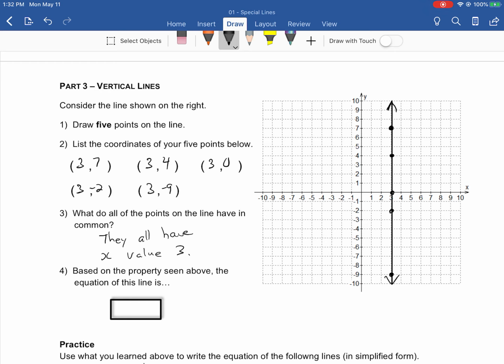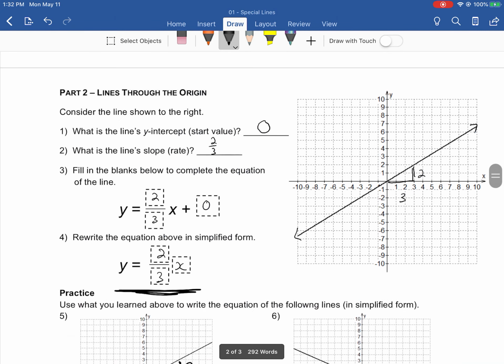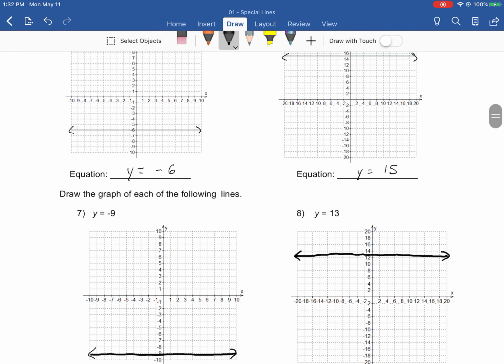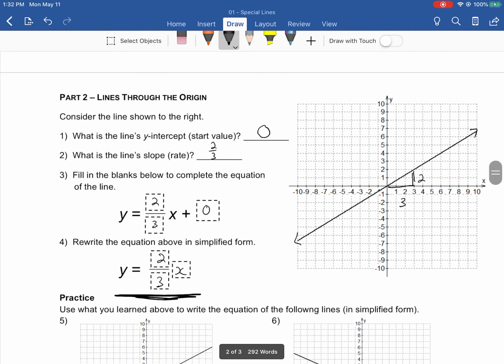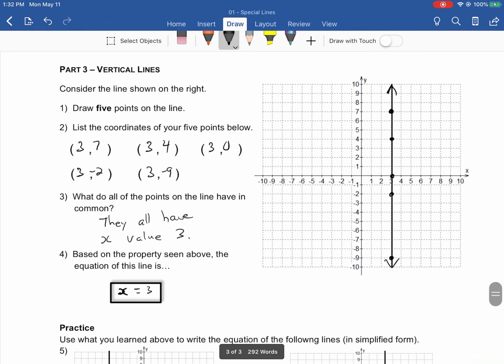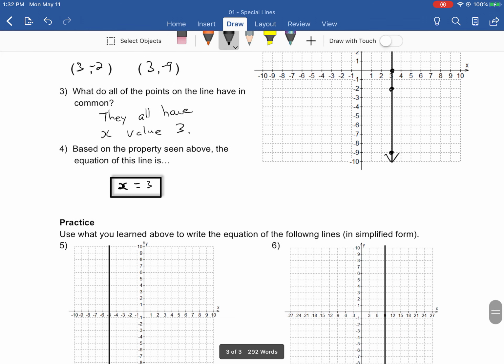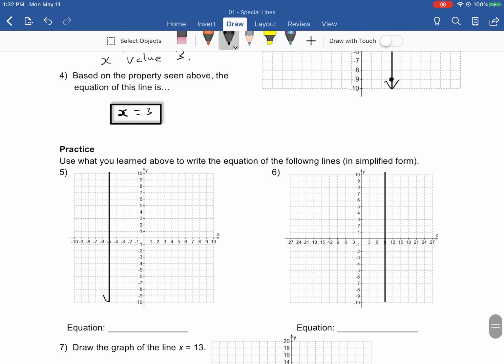The equation will be completely different than what we've seen before. We just have to write x equals 3. And what we're saying is all the points on this line will have x value 3. Maybe you were prepared for that already. If horizontal lines look like something like y equals negative 6 or y equals 15, then vertical lines should be x equals whatever, and in this case, x equals 3.